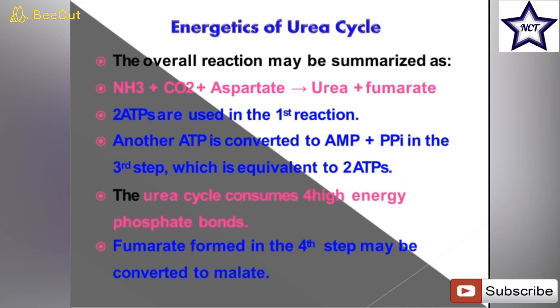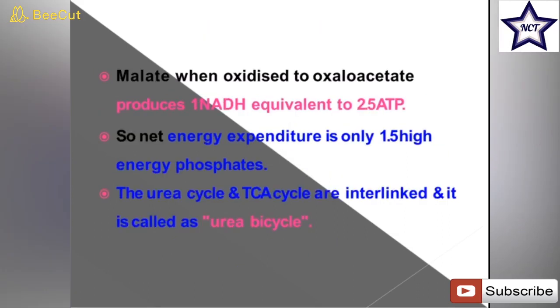In the very first reaction, 2 ATPs were used, and in the third step of the reaction, AMP was involved, so the urea cycle consumed 2 high energy phosphate bonds. Fumarate was formed in the fourth step, which was converted into malate, and it was the connecting link with the Krebs cycle.